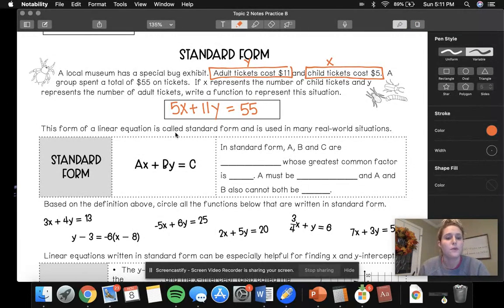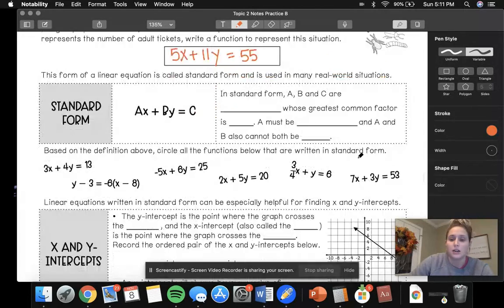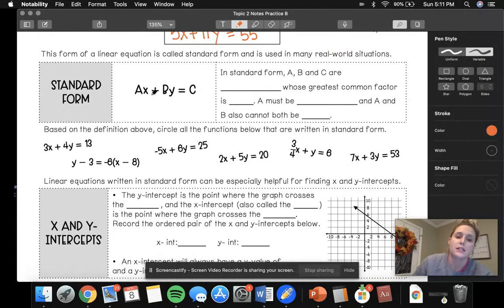So this form of a linear equation is called standard form, and it's used in a lot of real world situations. This equation is ax plus by equals c. So in standard form, the a, b, and c values are integers. Integers just mean there are no fractions, no decimals.